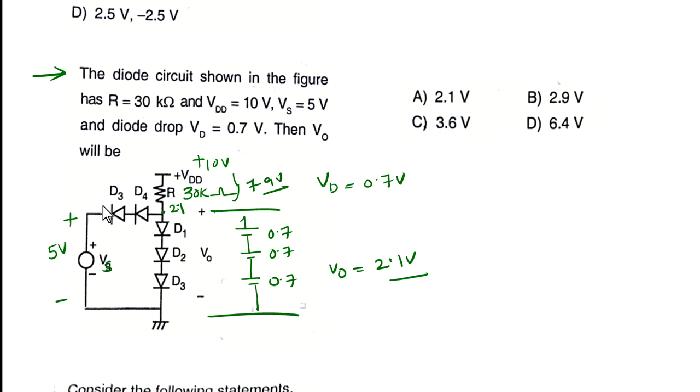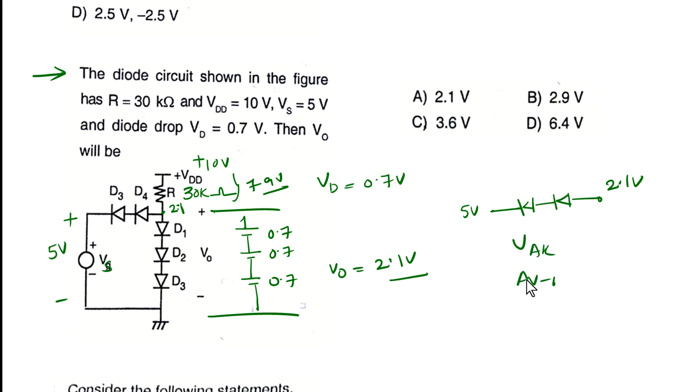Now it's 2.1 volts. See, check whether this D3 and D4 are in on condition or off condition. So here we have 5 volts at the cathode. Let me redraw the circuit here. Okay, it is like this and here we have 2.1 volts. Now see here the VAK should be positive.